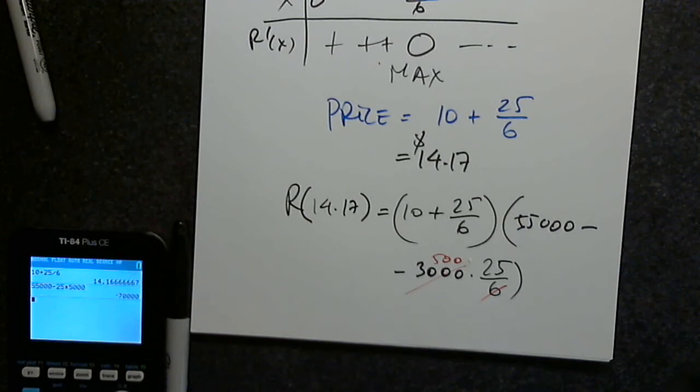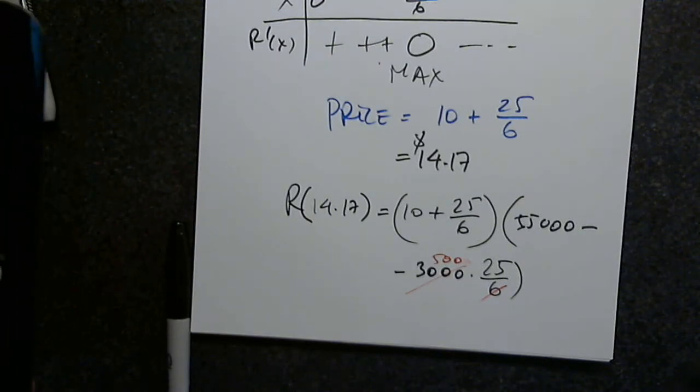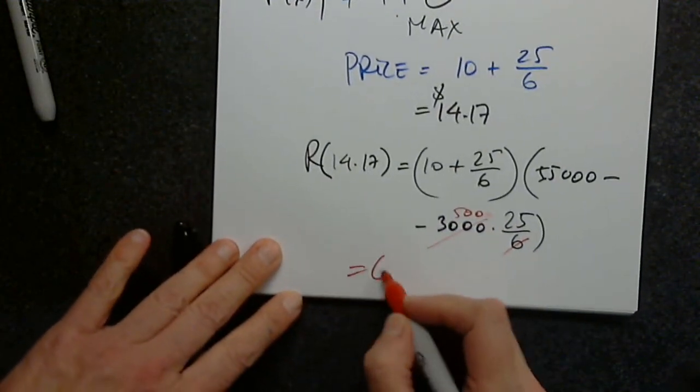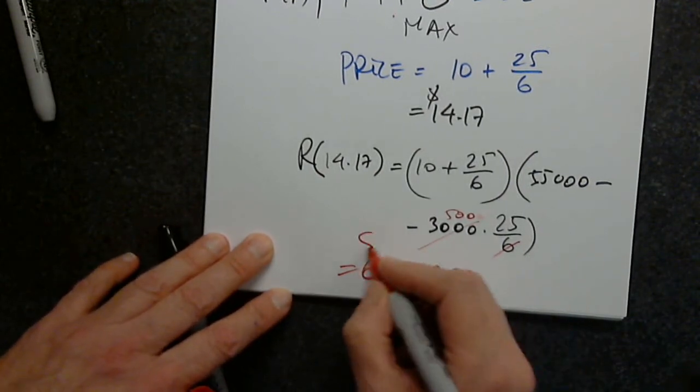That's good advice I'm giving them, to be in the minus. Okay, so 55,000. It is 500, yes. Okay, so minus 500 times 25. It's 42, okay, and then multiplied by 10 plus. Okay, so I got 602,083.33.